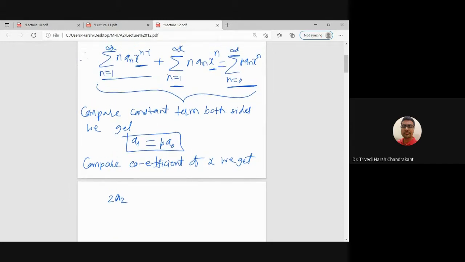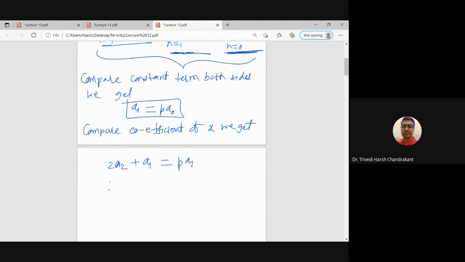And here for the coefficient of x we need to substitute n equals 1, so we get a1 on the right side. Now using this, we can write a2 in terms of a1.